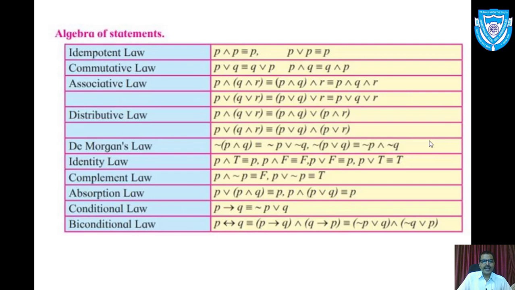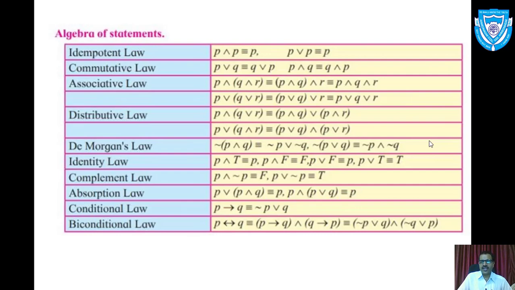Next, the identity law. P and T is equivalent to P. Taking the conjunction of any statement P with tautology T, the result is the statement P itself.